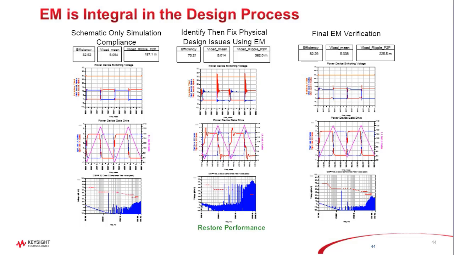You can see the step in the middle and the far right. You see the noise spectrum has been brought into compliance and actually approaching the original schematic only analysis. So that's a good example of some really good results that can be obtained.